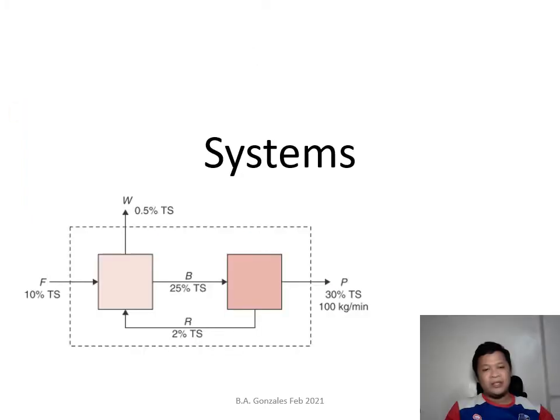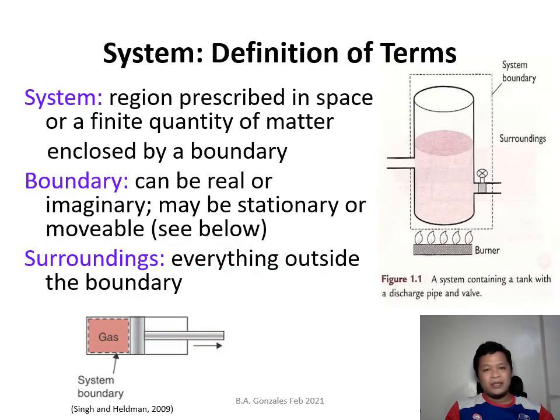So yaman din lamang na nag-discuss na tayo ng system boundaries ay dapat na rin siguro nating i-discuss kung ano yung mga systems. Okay, a system basically is an arbitrary region prescribed or nasa loob, pinapaloob na isang space or maybe a quantity of matter, and this system is separated from the environment by what you call the boundary, which is basically the dashed lines that you draw.